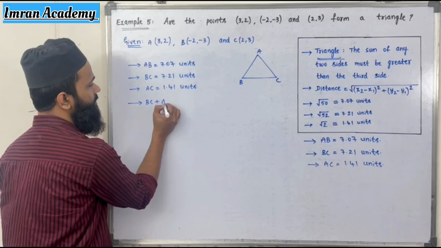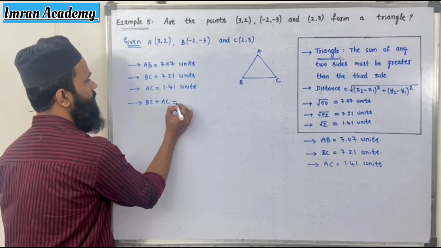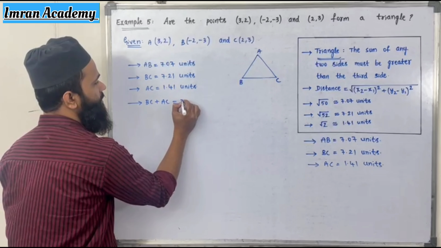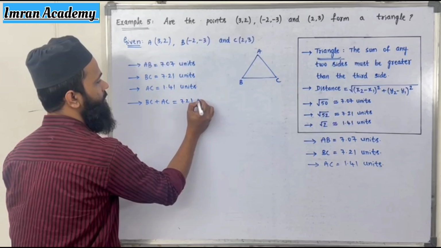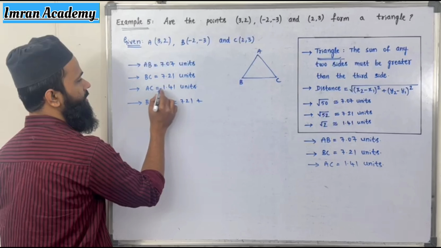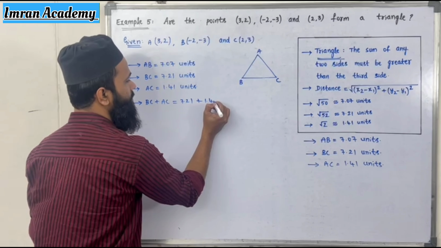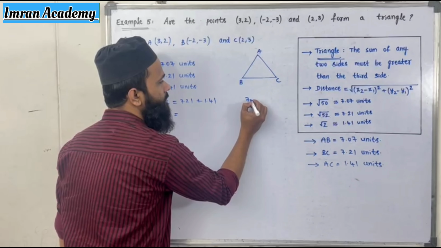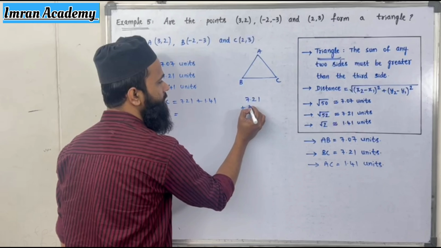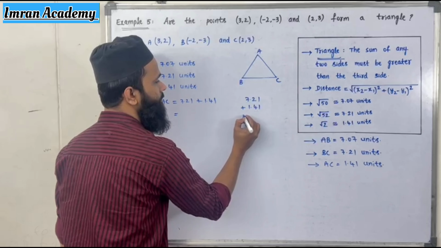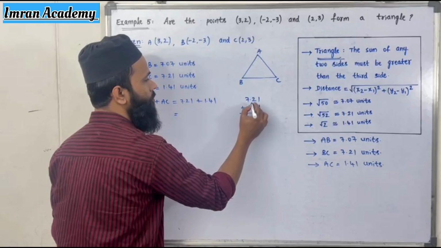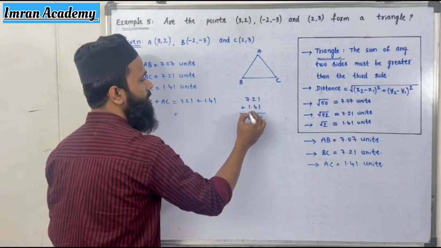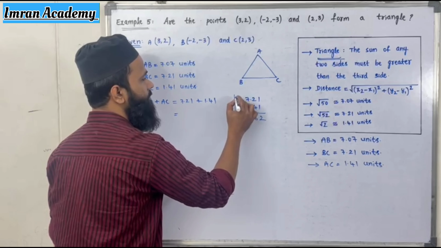BC plus AC is equal to 7.21 plus 1.41. 1 plus 1, 2. 2 plus 4, 6. 7 plus 1, 8.